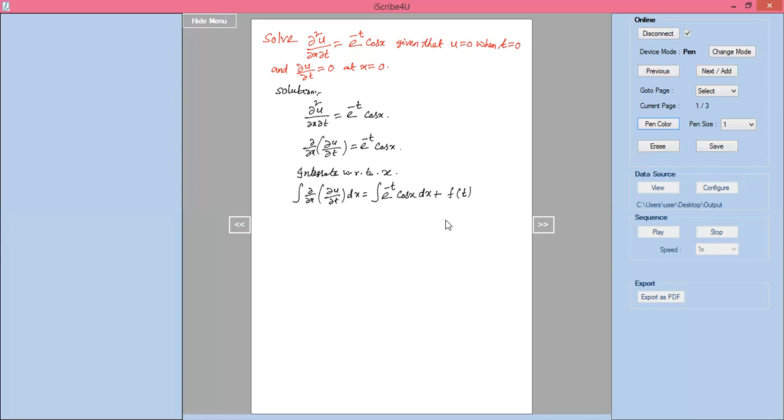Now ∂u/∂t = e^(-t) times the integral of cos x dx plus f(t). The integral of cos x is sin x, so ∂u/∂t = e^(-t) sin x + f(t). This is equation number 1.